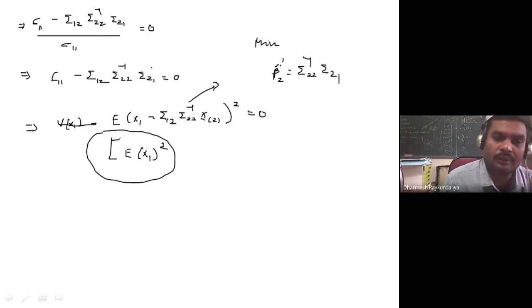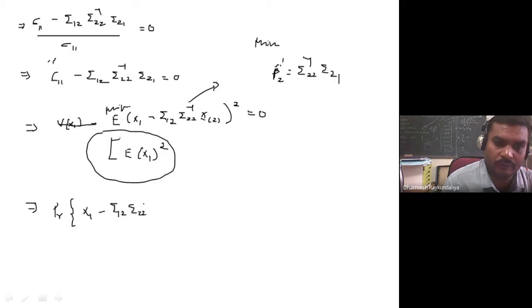So you are getting this quantity by minimizing it. And when you minimize this quantity, you can write it as the probability that x1 minus sigma 1 2 sigma 2 2 inverse x2, whole square, is equal to 0 is 1 almost everywhere.